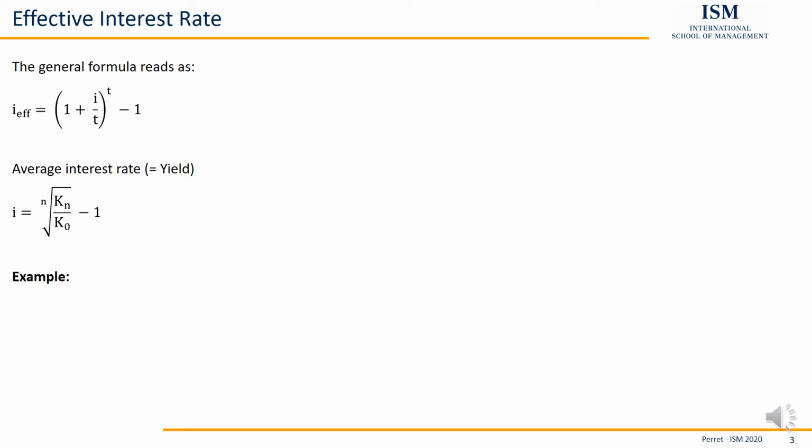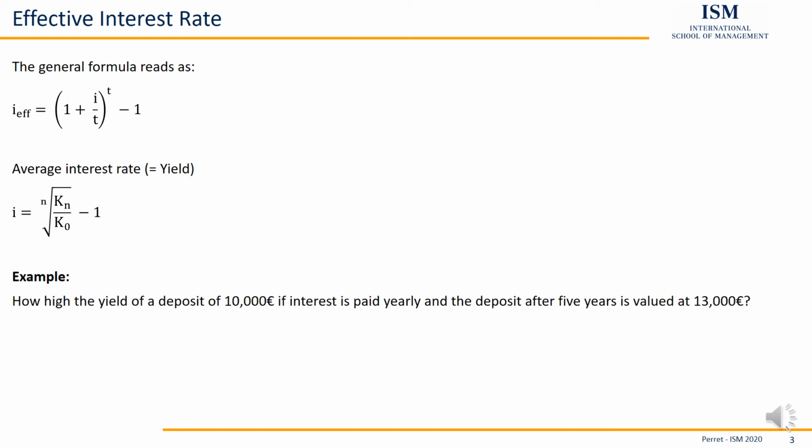Well, to close up this session, an additional example. So for example here, we have a deposit of 10,000 euros. Interest is paid yearly. And after 5 years, our deposit is valued at 13,000 euros.